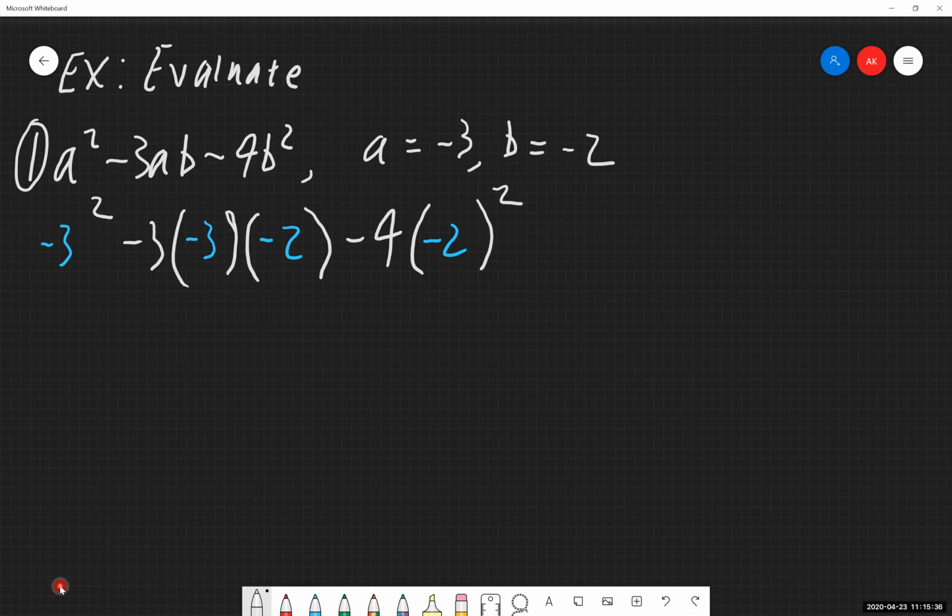Fundamentally different problem. If I don't put parentheses in the middle part here, I end up having -3 minus 3 minus 2. And then in the last part, if I don't put parentheses in, I end up getting -4 minus 2 to the second power. I have a fundamentally different problem altogether. And I'm going to get a wrong answer if I do that.